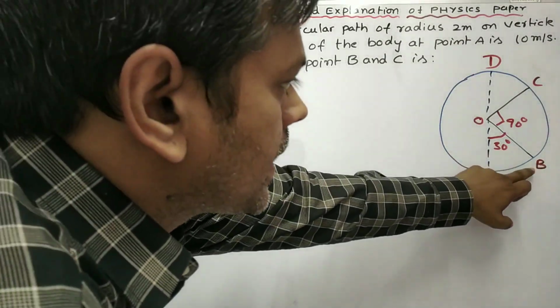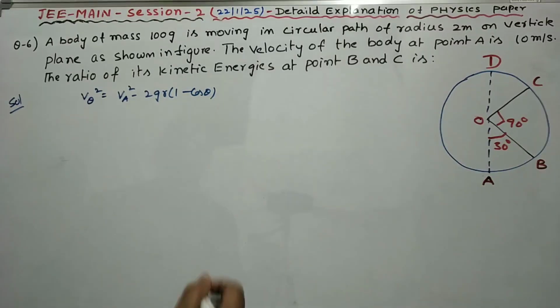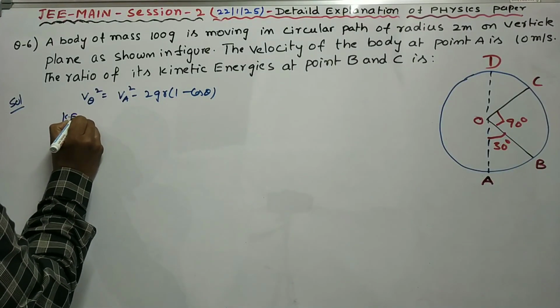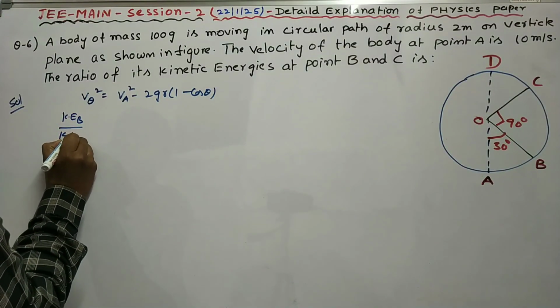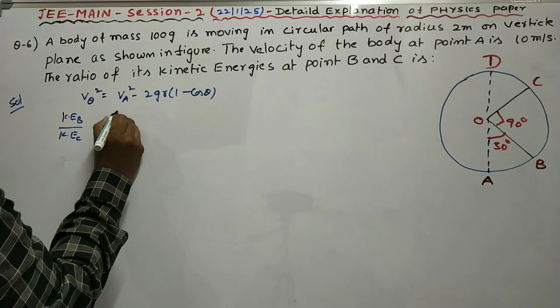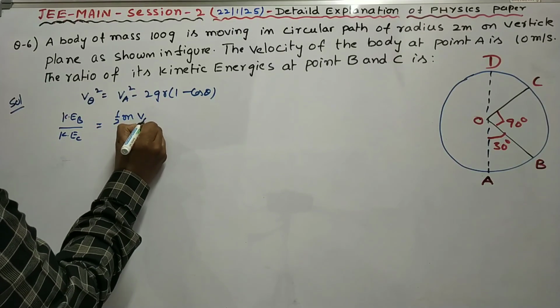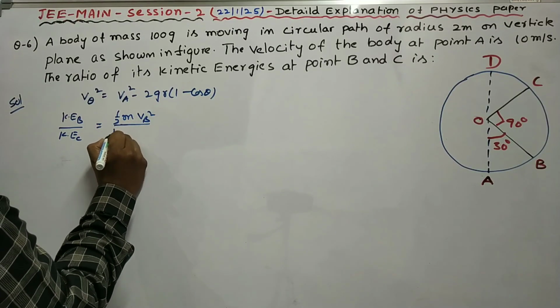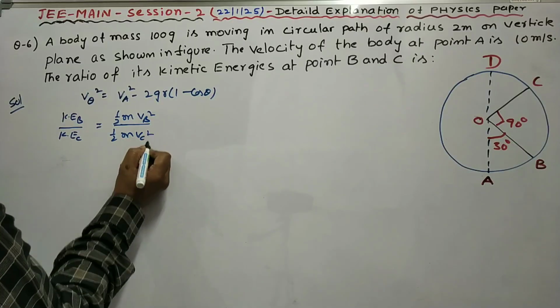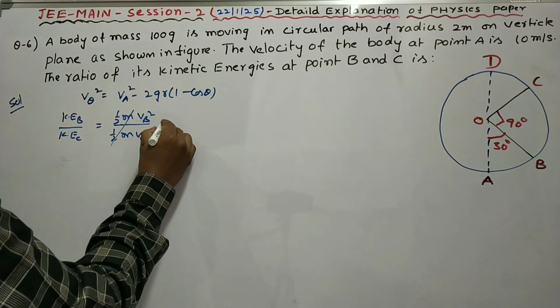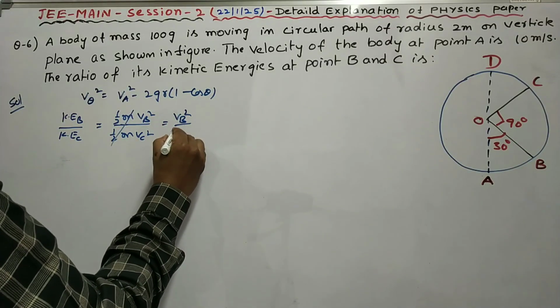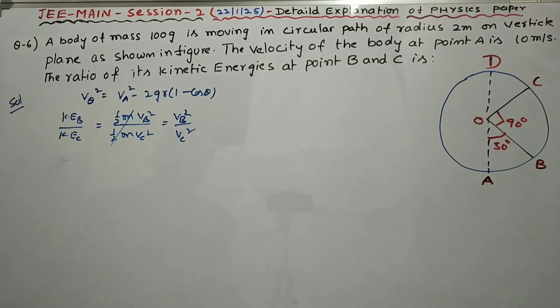Find the ratio of kinetic energy at point B to the kinetic energy at point C. So kinetic energy at point B to the kinetic energy at point C is equal to what? Half m vb square, velocity at point B, to half m vc square, velocity at point C. So this half m is cancelled. Then you can compare velocity square at point B and C. Then you get the ratio of kinetic energies.